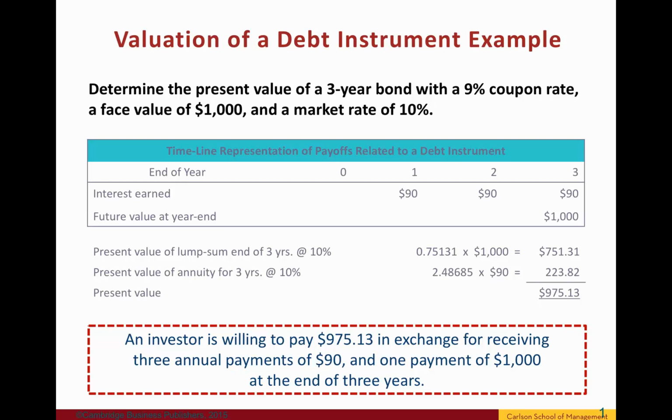They're going to receive $1,000 in the future. And then if it's going to be a discount bond, their present value using a 10% market rate for this bond would be less than $1,000. And here the present value would be $975. So the investor is going to be willing to pay $975 today in exchange for receiving three annual payments of $90 and one payment of $1,000 at the end of the 3 years.